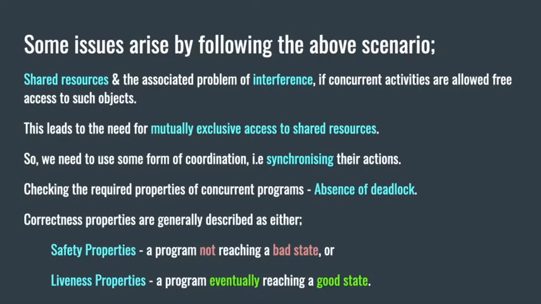Correctness properties are generally described as either safety properties or liveness properties. Safety properties can be elaborated as a program not reaching a bad state, and liveness properties as a program eventually reaching a good state.